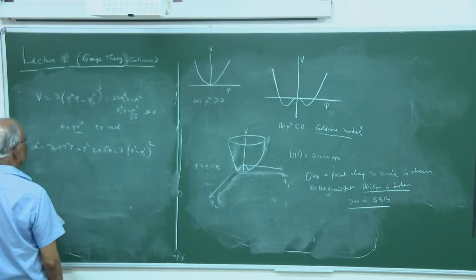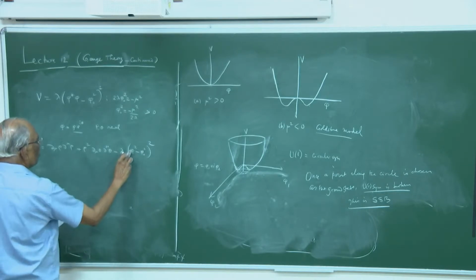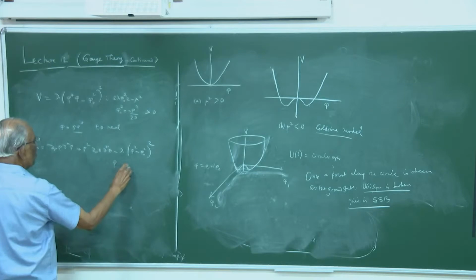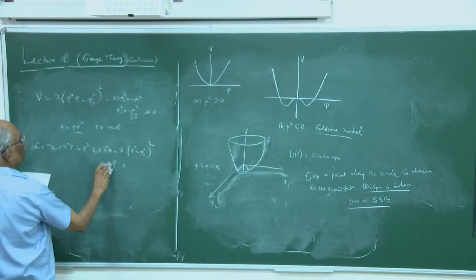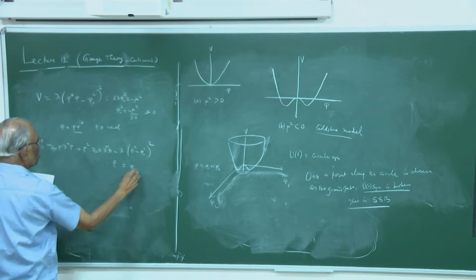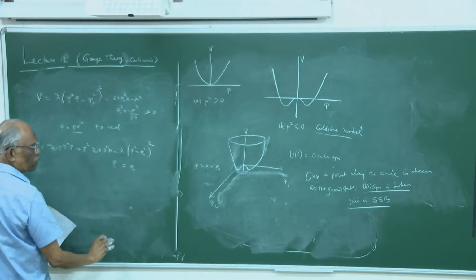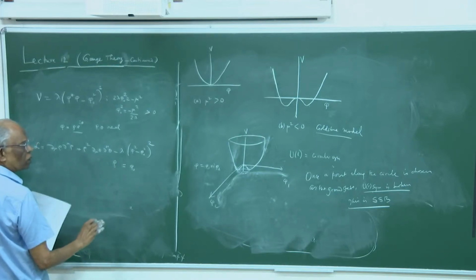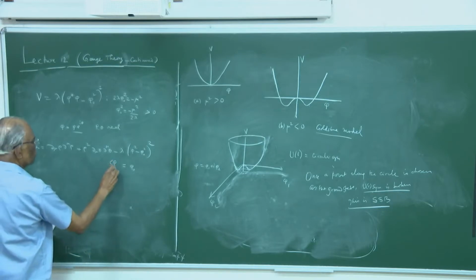So you can see that the minimum of this will come when rho is phi 0. The minimum of rho, which is a field, remember, has to be equal to phi 0, because the minimum of this will come when rho equals phi 0. That is the minimum. So that is the ground state of the system. In field theory, that is called the vacuum expectation value of rho. So that is the notation I will use.